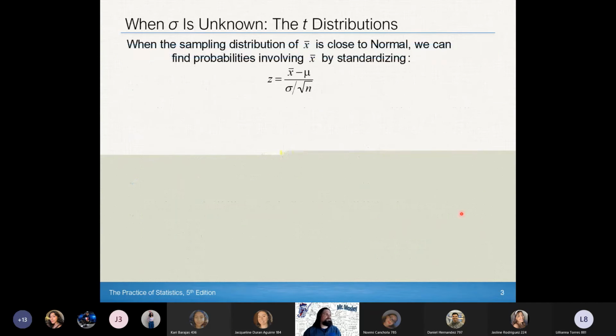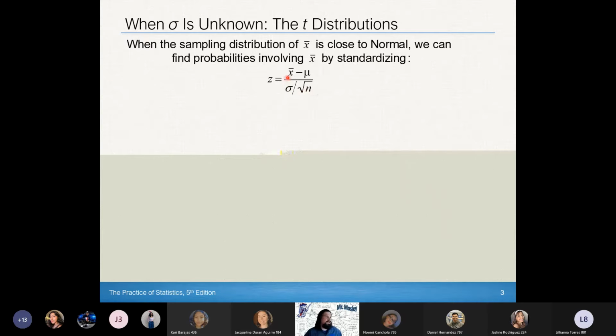So first, when sigma is unknown, when our standard deviation for a population is not known, we use t-distributions. When the sampling distribution of x bar is close to normal, we can find probabilities involving x bar by standardizing. And this is what we've seen previously when dealing with our sampling distributions.